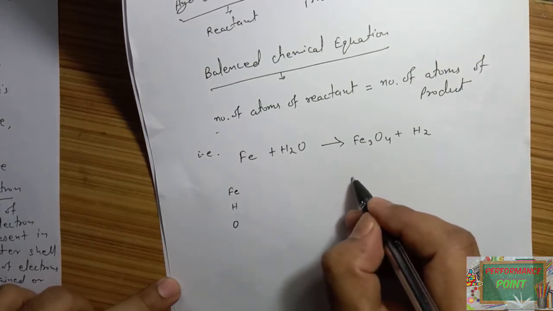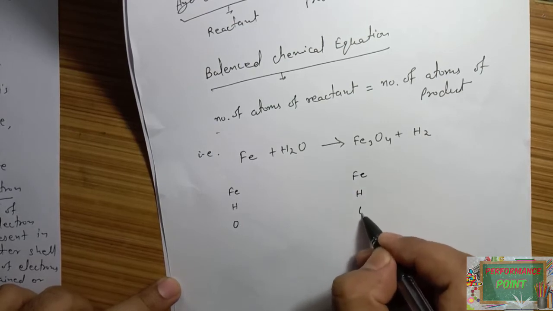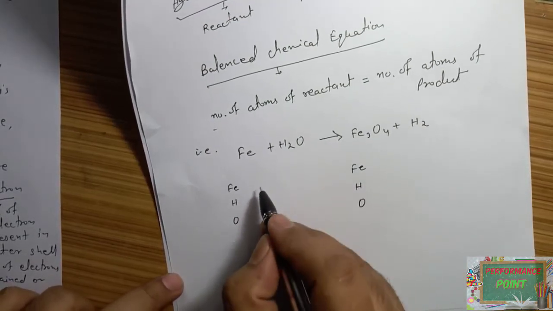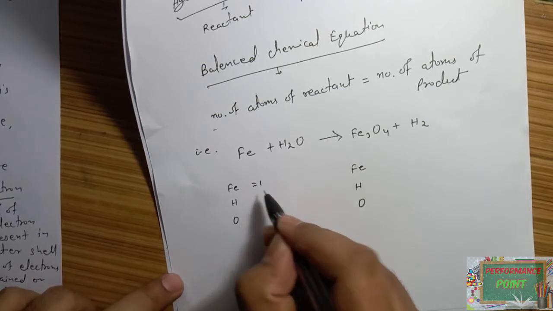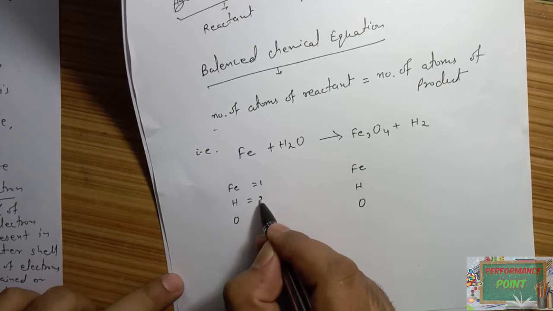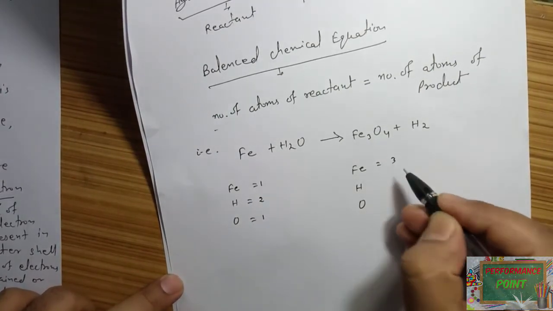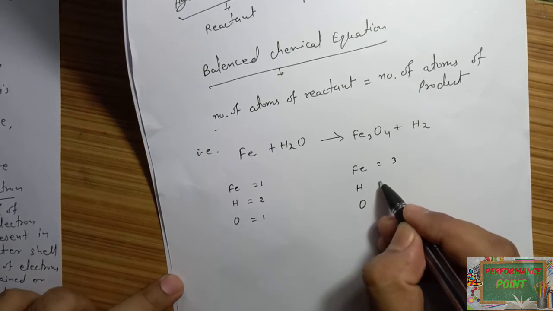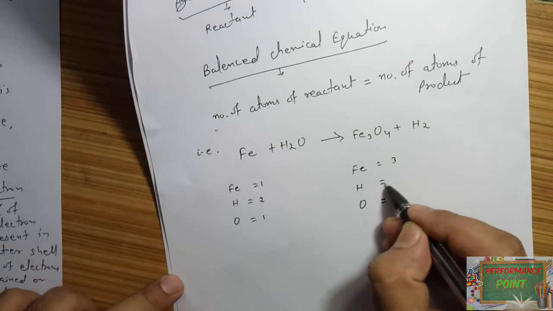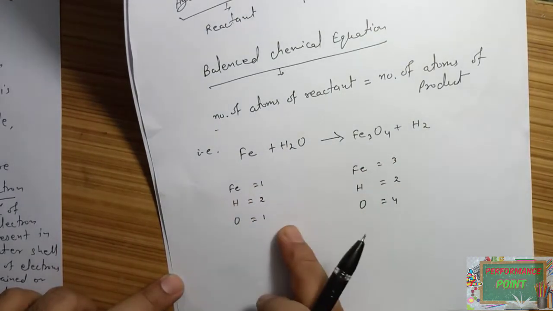On the left side, Fe is 1, hydrogen is 2, and oxygen is 1. On the right side, Fe is 3, oxygen is 4, and hydrogen is 2. So obviously you can see that it's not balanced.